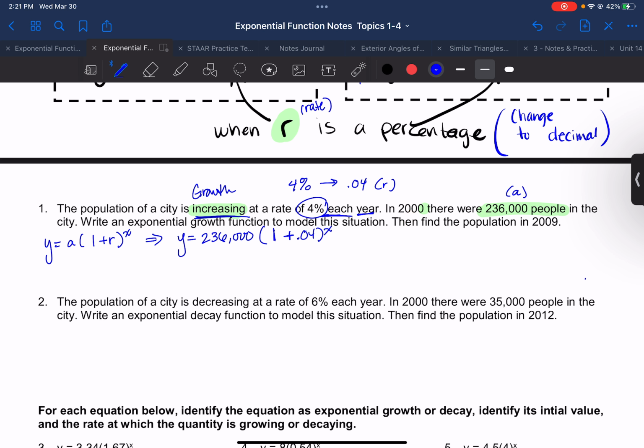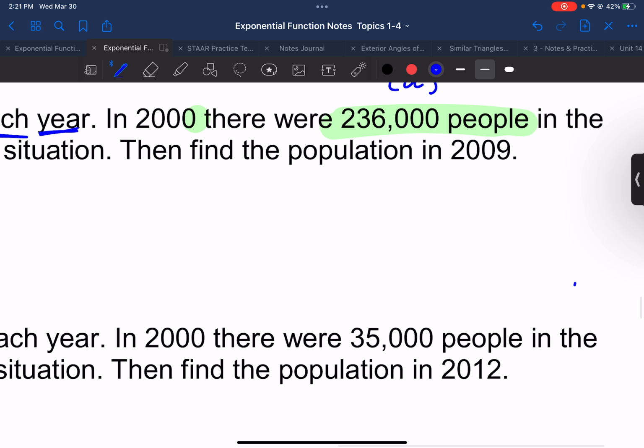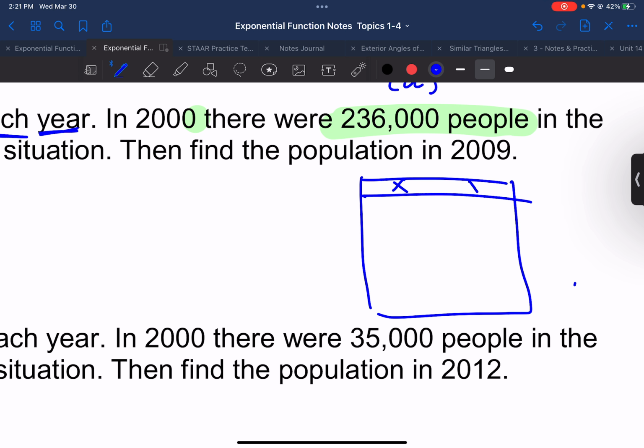So if I was to draw a little table and call this my x and this my y, my initial value, where we originally started, 0 would be at 236,000 people. And then 9 is what we're trying to find, how many people.